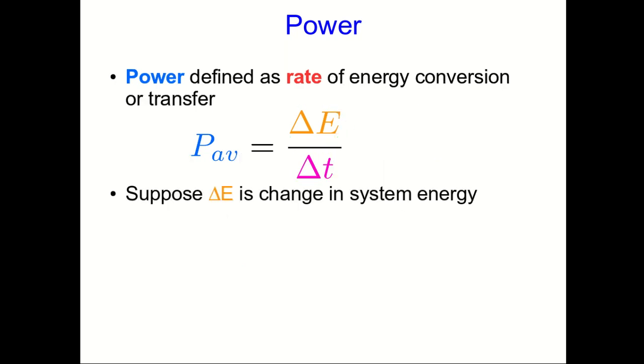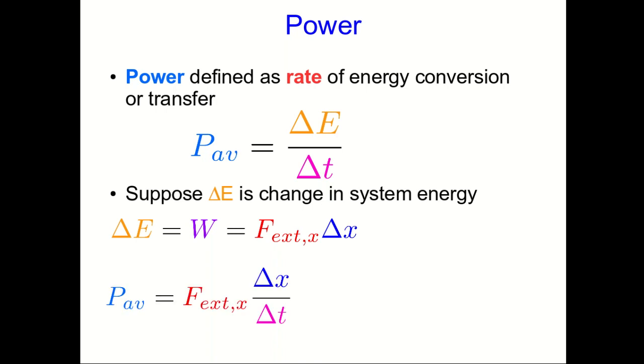Suppose that delta E actually is a change in system energy, which is what we usually mean by delta E. Then it's equal to the work done on the system, which in a simple case could be an external force times the displacement. In that case, our average power looks like this, and the delta x over delta t is just the average velocity.